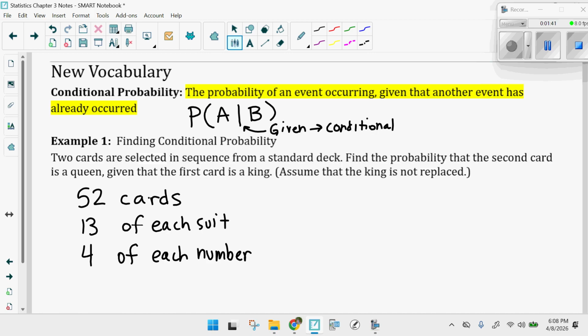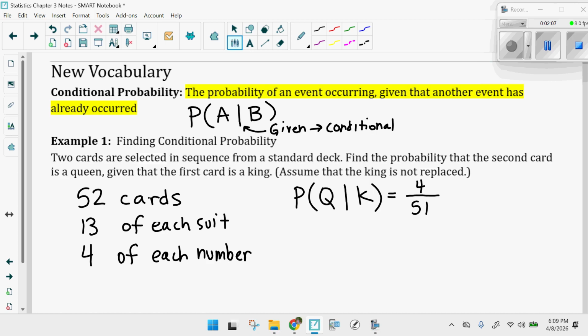So if we take a king out and we assume that it's not replaced, we want to find the probability of getting a queen given that a king has already been picked. And so if a king's already been picked, that's going to change our sample space. So instead of having 52 cards in there, we now have 51. And of the 51 cards, 4 of them are queens.